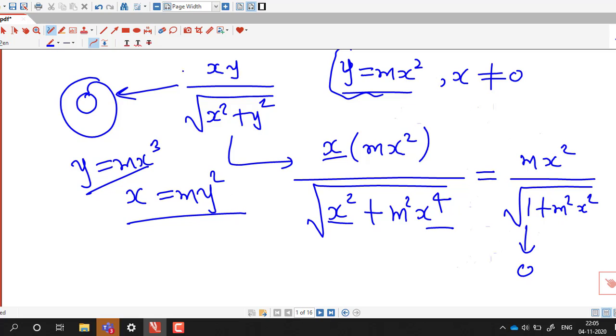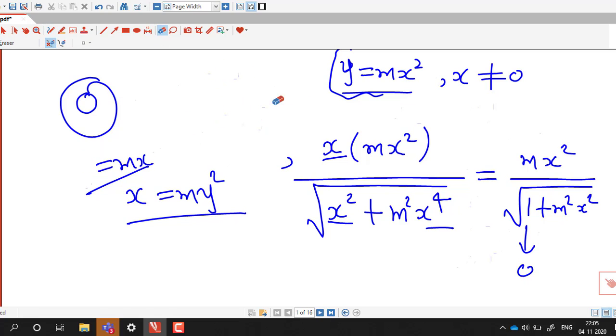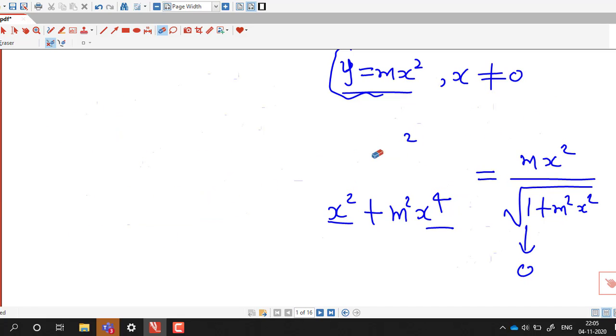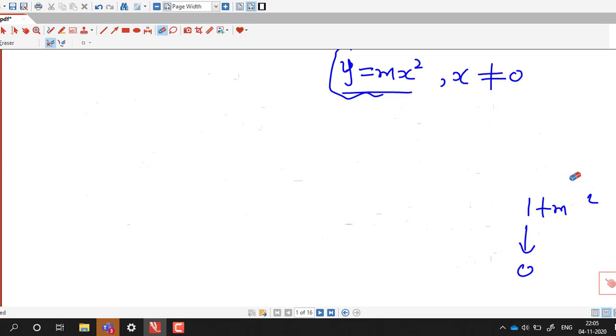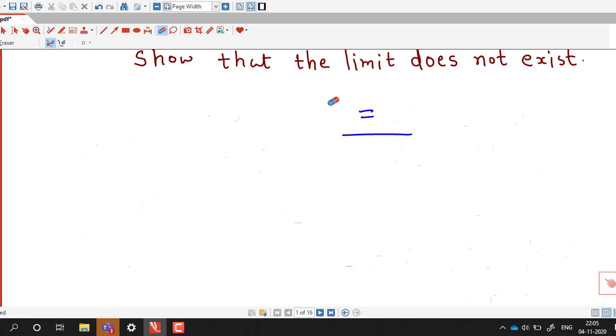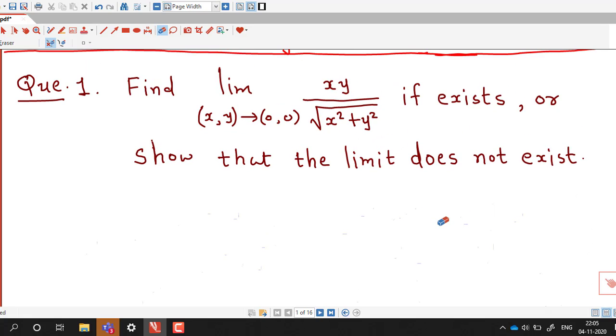So from this we have the idea that limit may exist and the value of the limit may be 0. So we try to prove by definition whether the limit is actually 0 or not. We have discussed how to prove the limit using definition in the last lecture. Here also we will do the same thing.